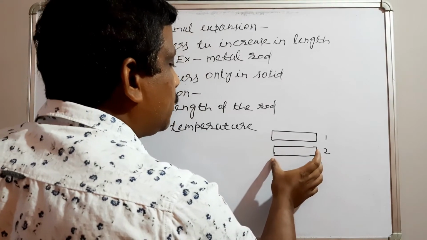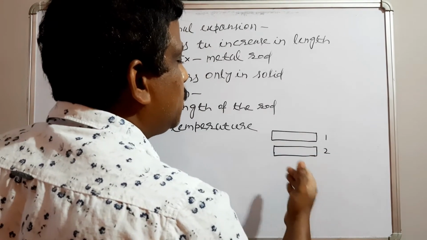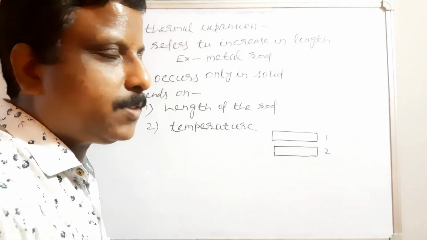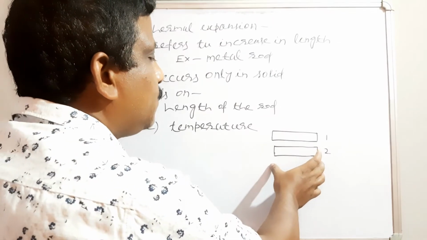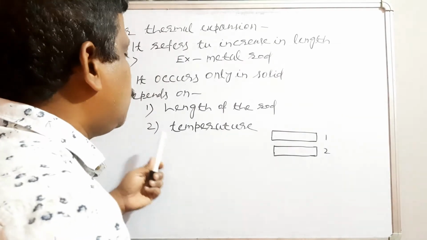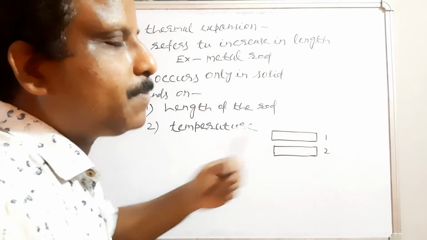Suppose in metal rod 2 we are giving more heat. Where will the expansion be more? Definitely metal rod 2 will expand more than metal rod 1. So more the temperature, more the expansion.